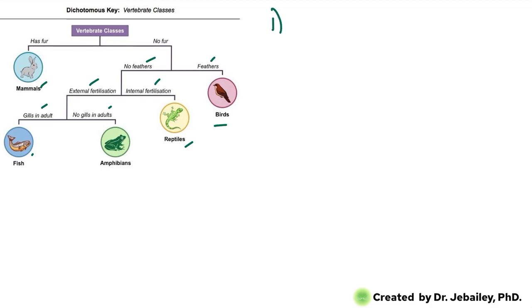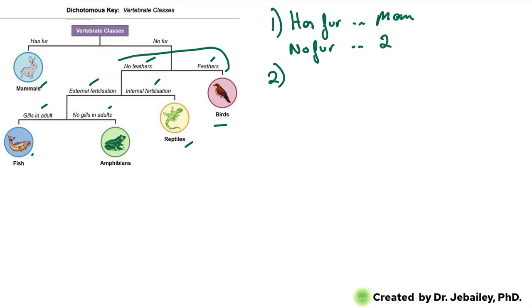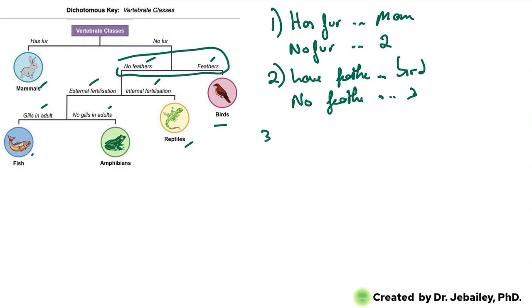If I had to write this as a dichotomous key, I will start on top. So if it has fur, then you are a mammal. I'm just going to put mam here. Now, if you have no fur, right, then you go to number 2. Number 2 is the next thing, which is the feathers. So if you have feather, then you are bird, right? And if you have no feather, then you go to number 3.